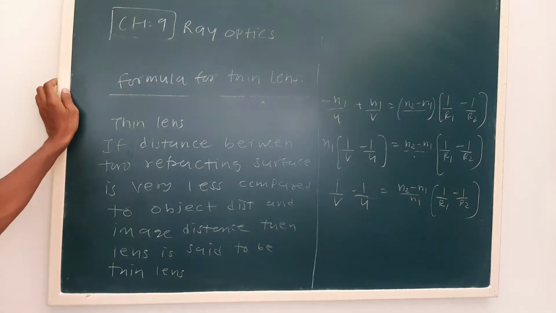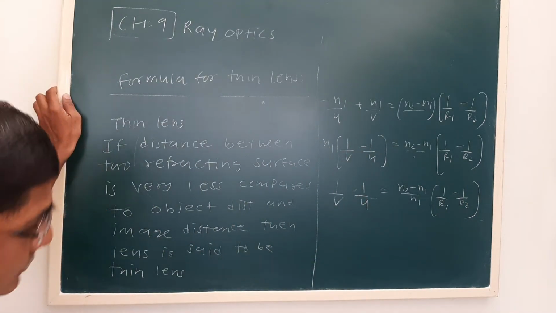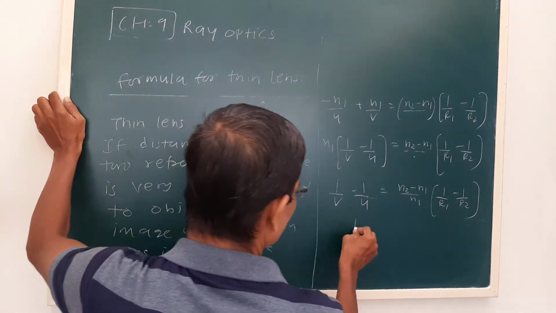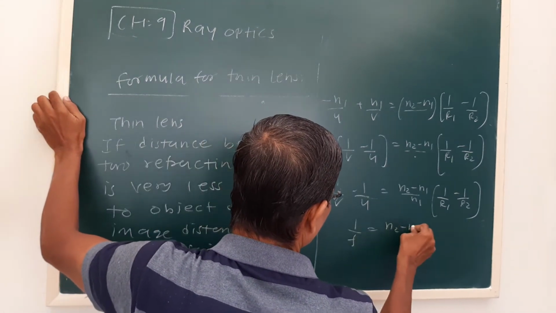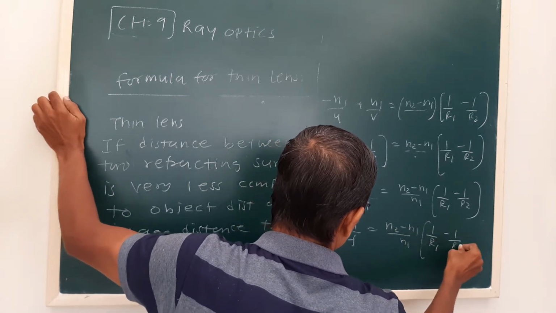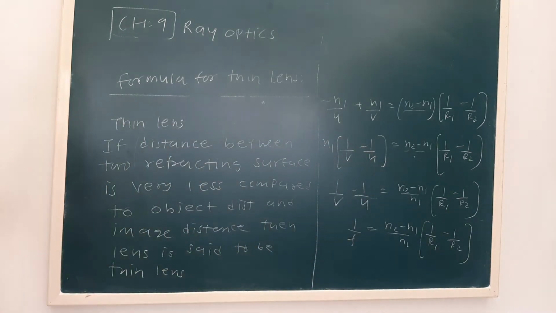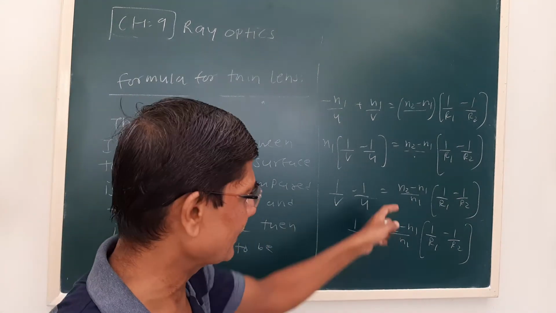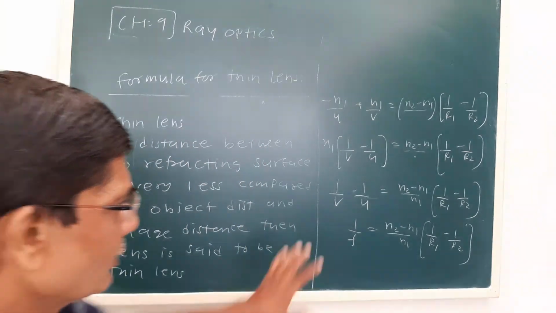Okay, now see, just now we have derived 1 upon f is n2 minus n1 upon n1, 1 upon r1 minus 1 upon r2. Now if we compare these two equations, we can see the right hand side is same of both equations.